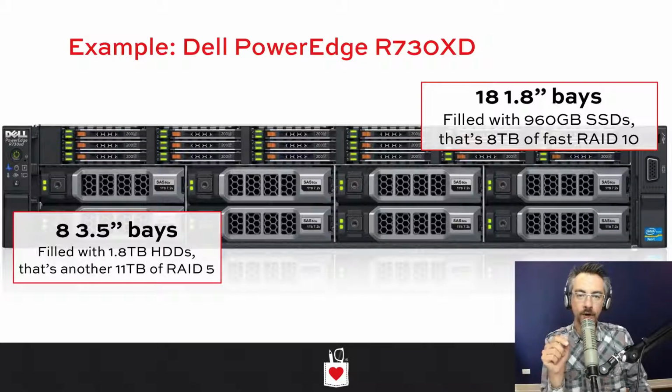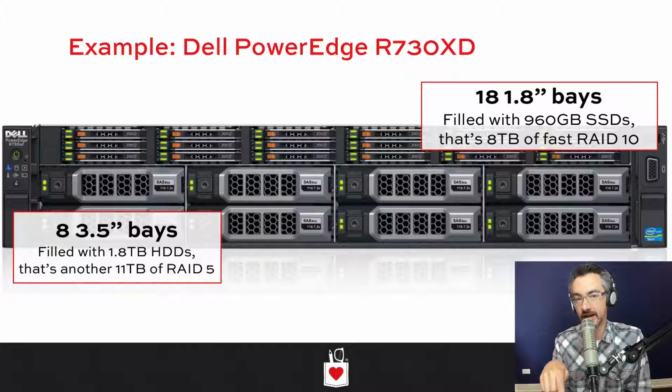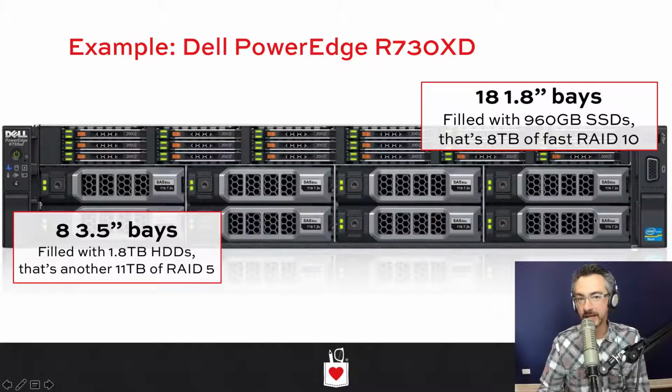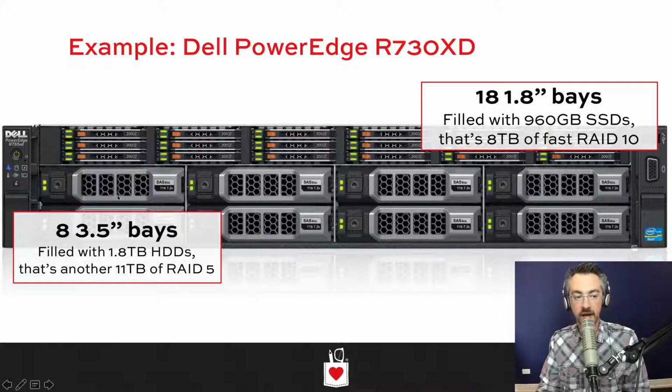These are 1.8-inch solid state drives, and you can get them up to 1 terabyte in size, meaning I can get 8 terabytes worth of usable RAID 10 space in here, all solid state, and I still have 8 bays down here for those big spinning magnetic rusty frisbees for all my archive data.